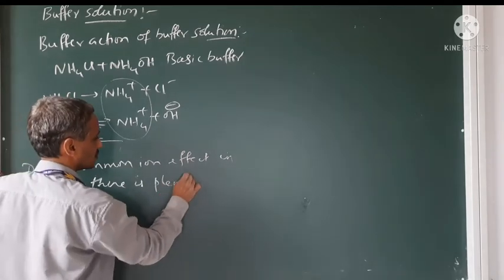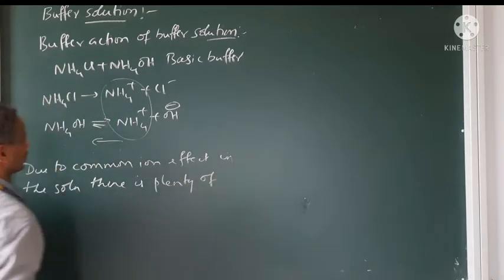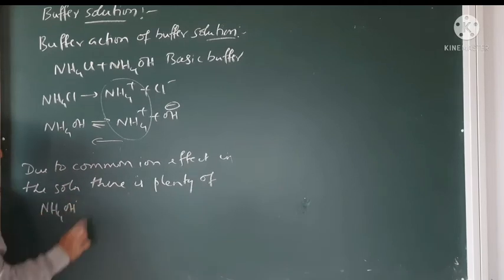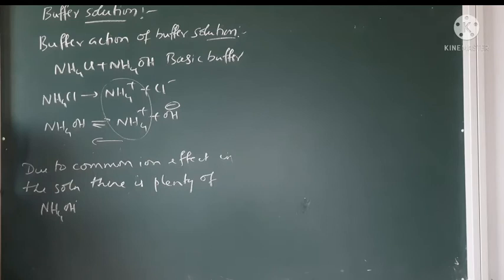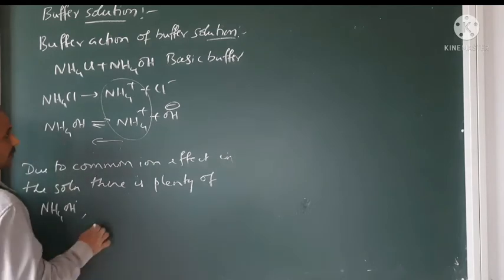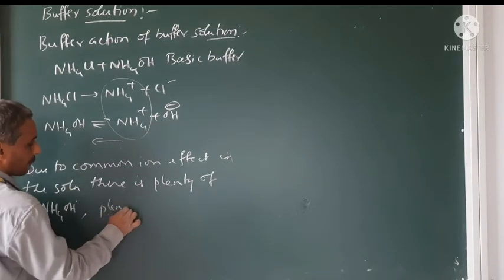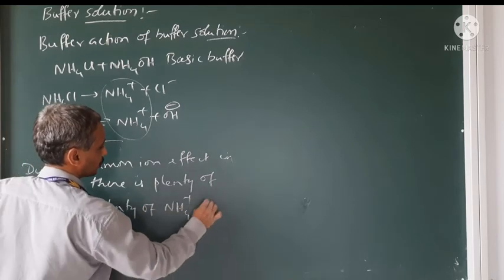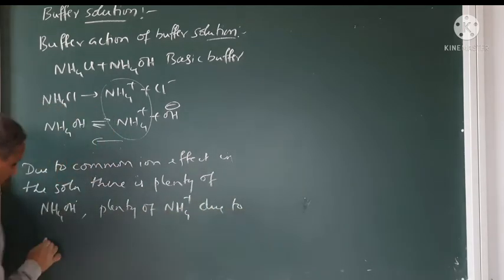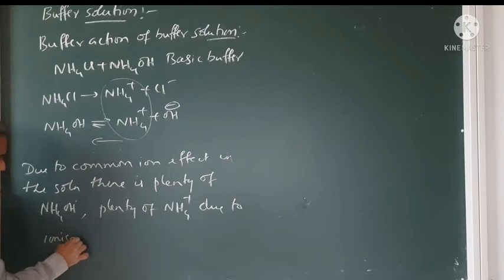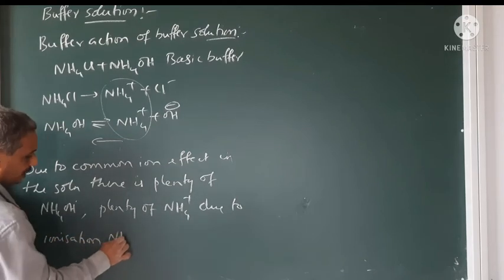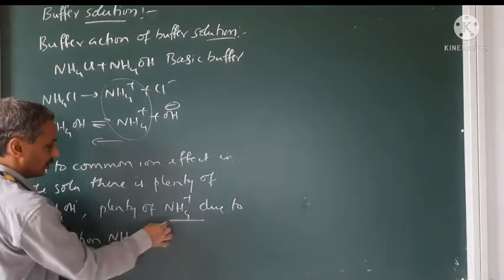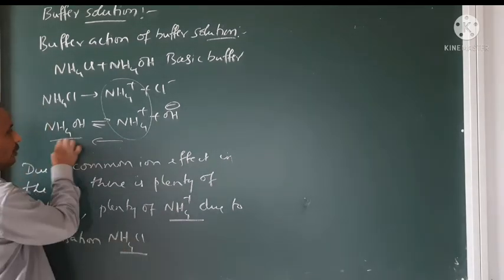Plenty of NH4OH concentration, plenty of ammonium hydroxide, and then plenty of NH4 plus ion due to ionization of NH4Cl. See, the NH4 plus ion is due to the ammonium chloride, not due to the ammonium hydroxide.